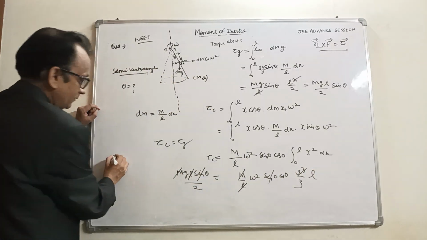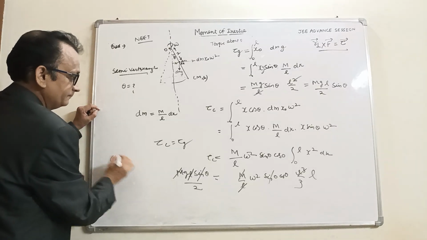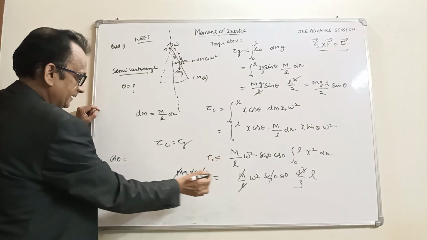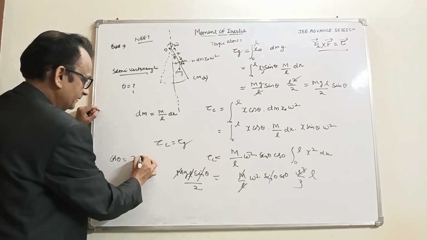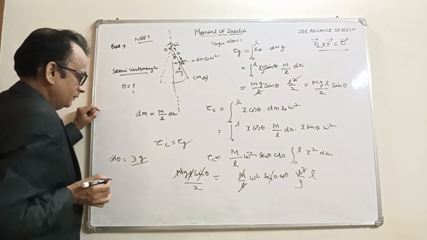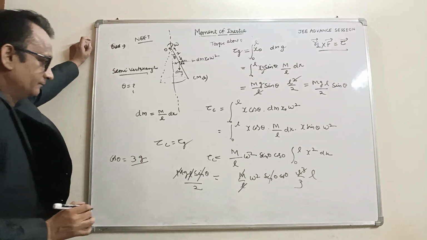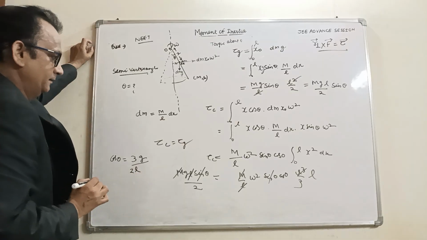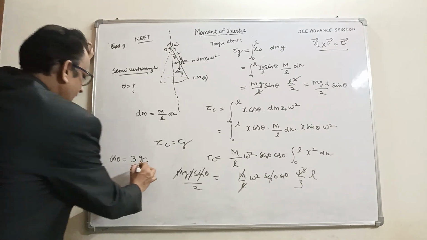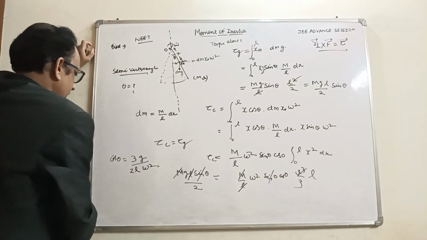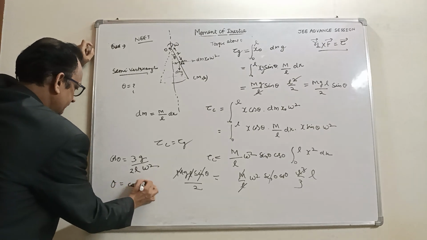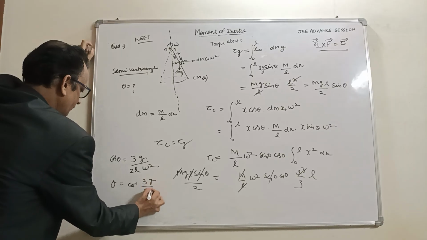So we write here cos theta would be 3g upon 2l omega square. So theta becomes cos inverse of 3g by 2l omega square.